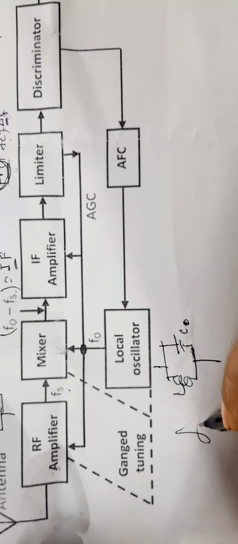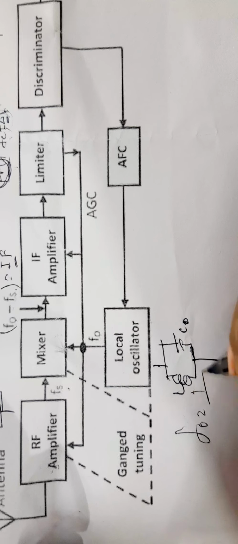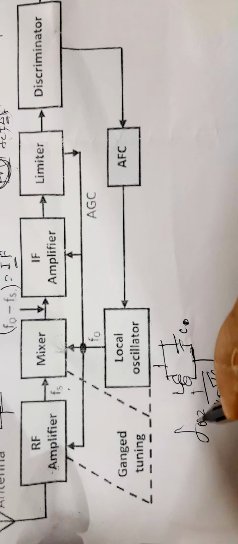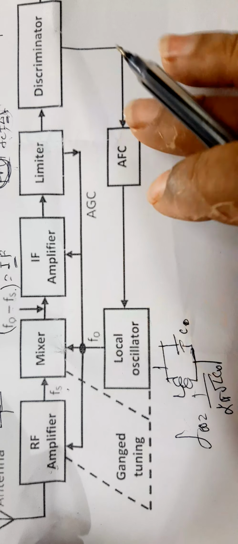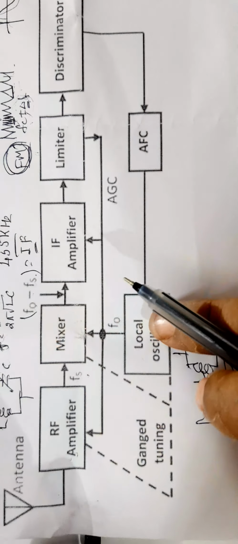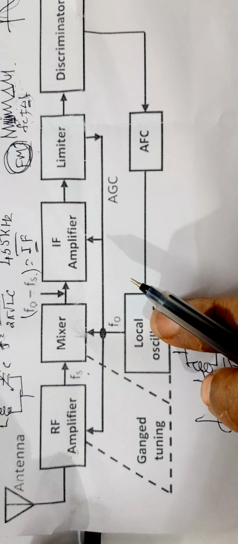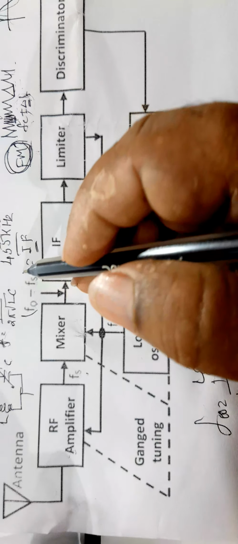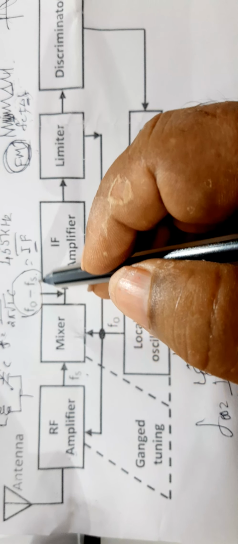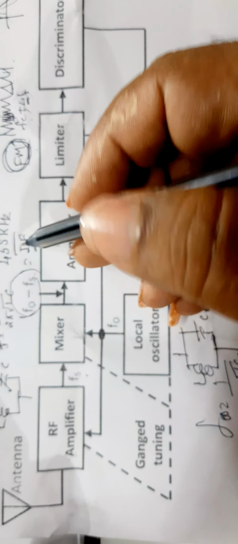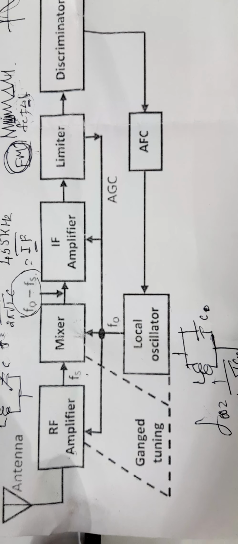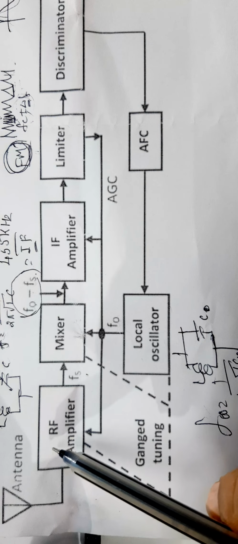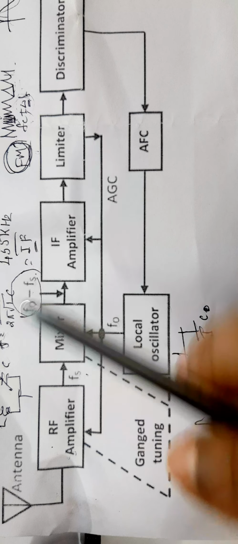Therefore, F naught is equal to 1 over 2 pi square root of L C naught. This is F naught, the frequency produced by the local oscillator. All this must be in such a way that the output F naught minus Fs is the intermediate frequency.